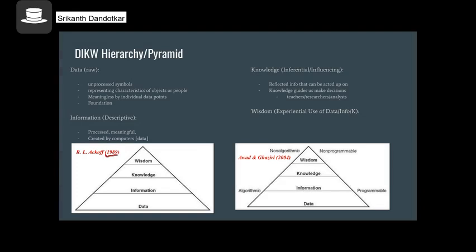Ackoff in 1989 proposed a model called Data Information Knowledge and Wisdom Hierarchy or Pyramid. The idea is this: data by itself doesn't give us any insight unless you act upon that information.